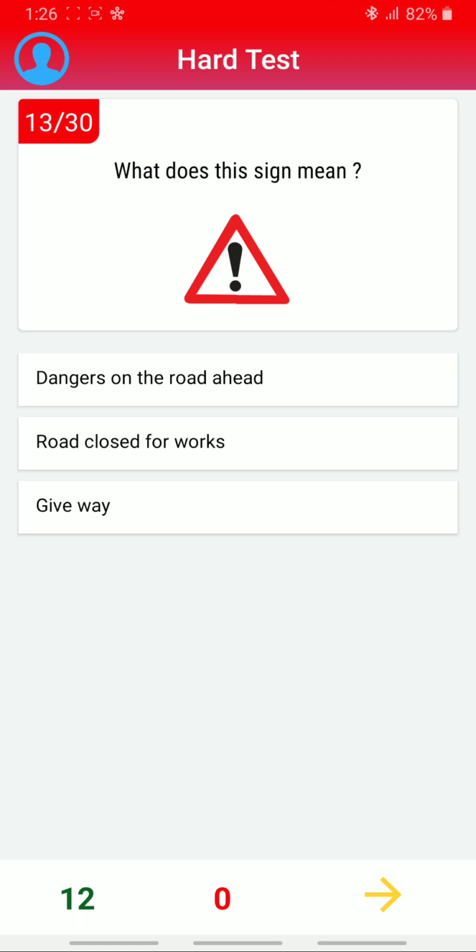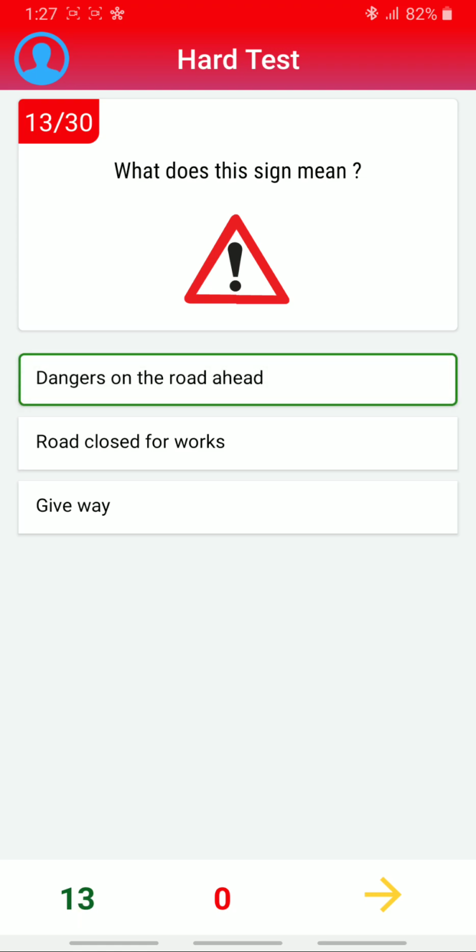This is also very important, and you can see it on roads where there is danger ahead. It's a warning sign that makes you aware that something ahead is dangerous. You need to be very careful. So the first answer is correct.